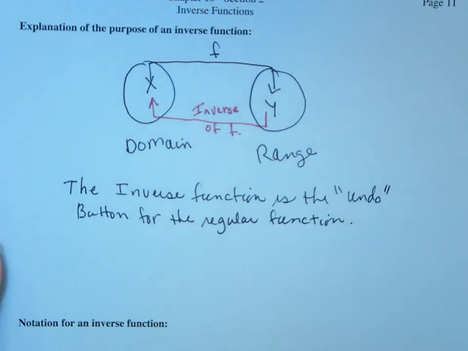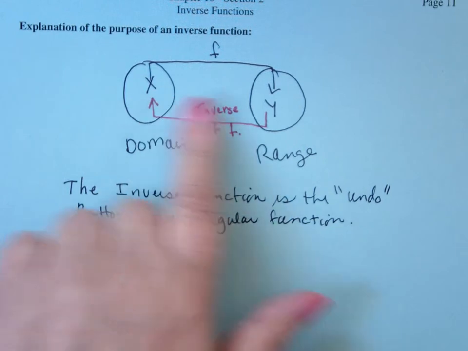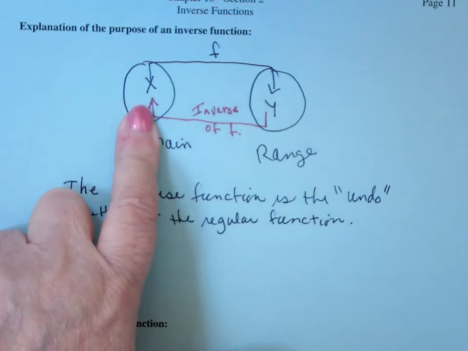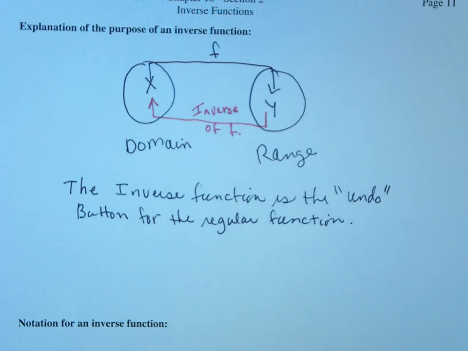It's what undoes what was done. It says if x goes to y, the inverse brings y back to x, and I end up where I started out. It's like a round trip ticket. If I'm going to visit my family on the East Coast in Washington, D.C., I would fly from here to Washington, and I'd have a round trip ticket which would bring me back here. That's what the inverse function is. It's the return flight.